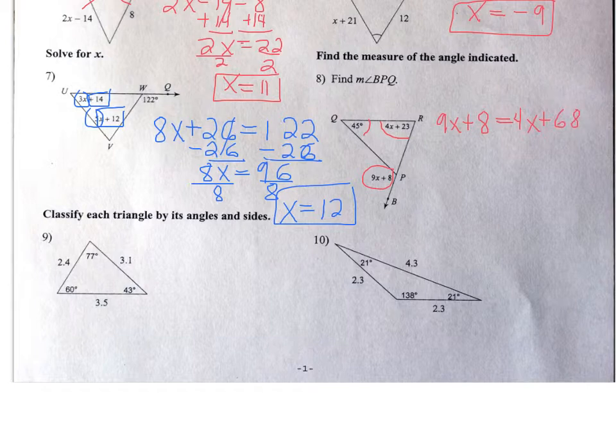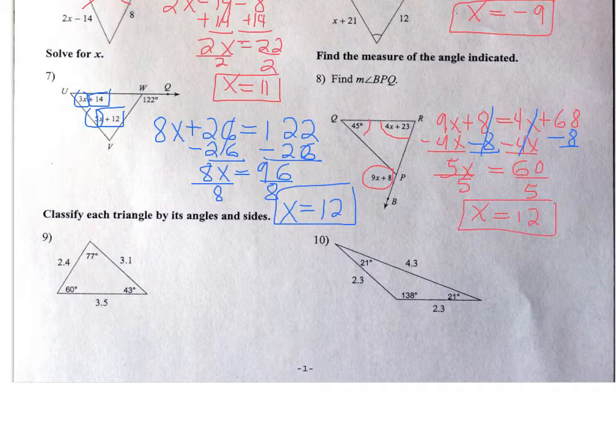Now, you always want to move the smallest x, so it's minus 4x, that gives you 5x. Then you subtract 8 from both sides, and that would give you 60. Then 60 divided by 5 is 12.